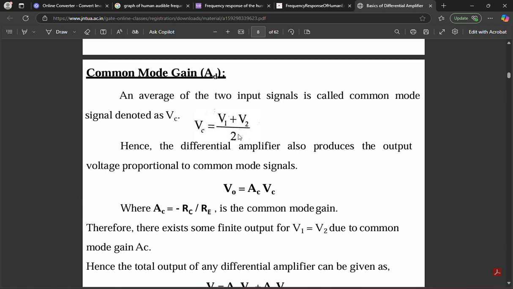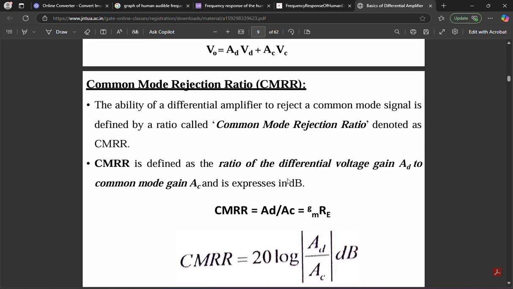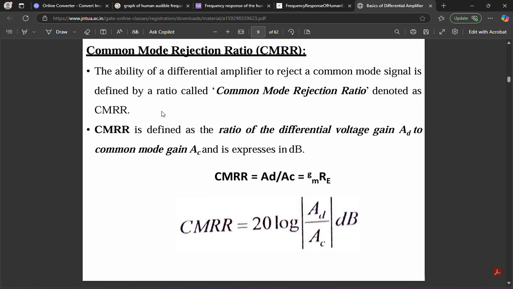Actually, this is not required by the designer. This is not required as per the design. So there is a need to remove the common mode signal, and that is where the concept of common mode rejection ratio comes in. CMRR is defined as the ratio of differential voltage gain to the common mode gain, so AD by AC.